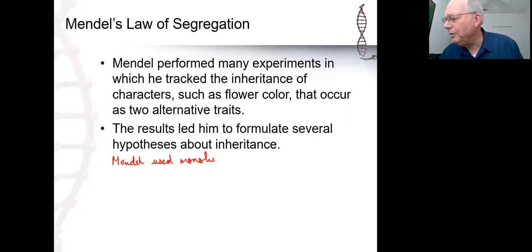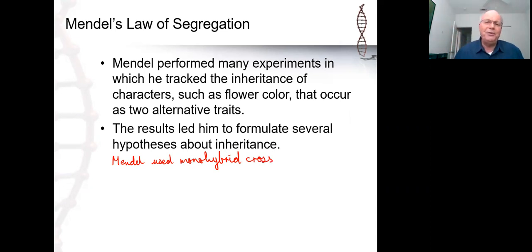So obviously the term mono refers to one, so it's a single characteristic that represents the difference. And hybrid simply refers to the fact that it is a combination of two individuals creating something new.